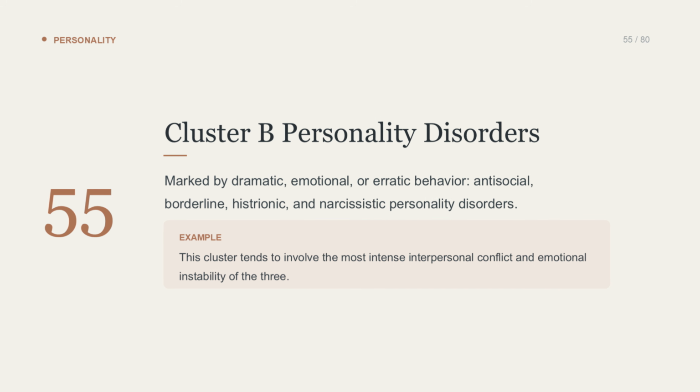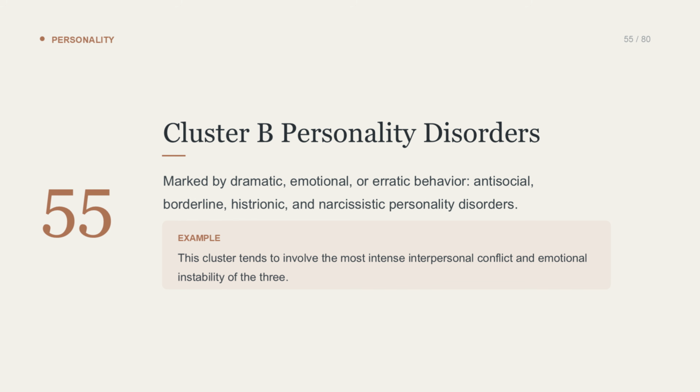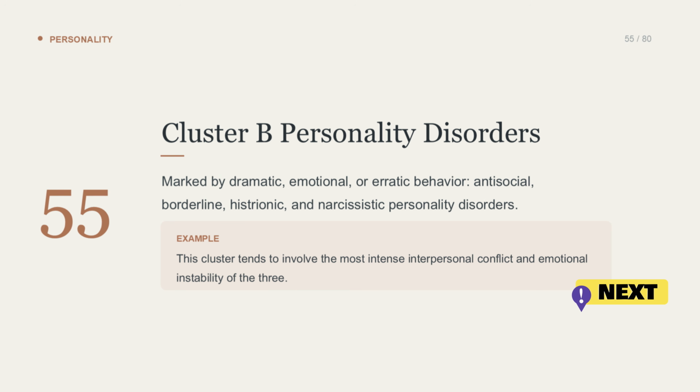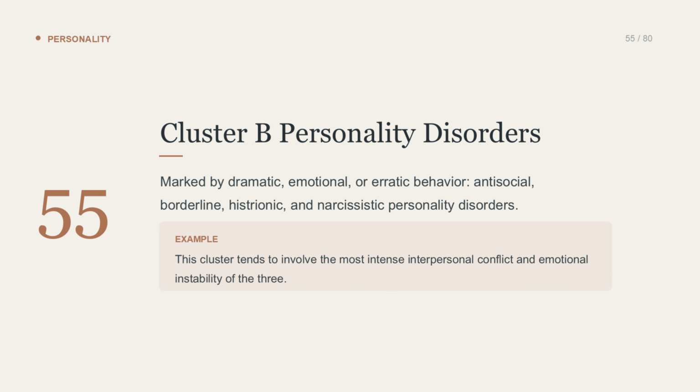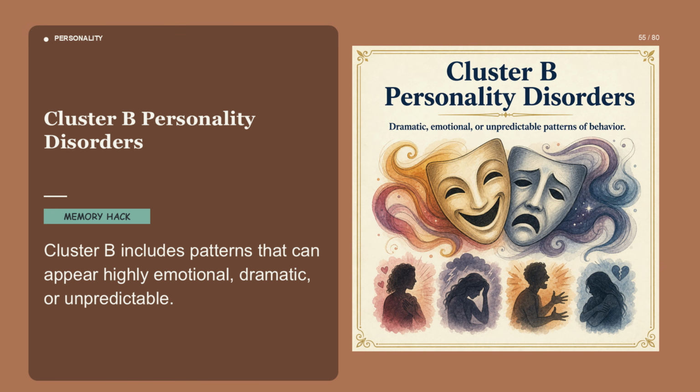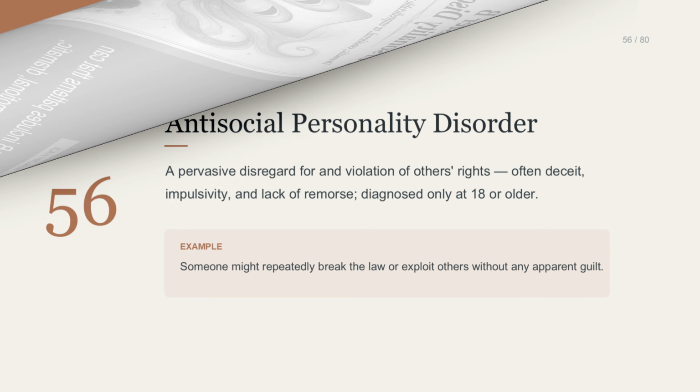Cluster B personality disorders. Cluster B personality disorders are characterized by dramatic, emotional, or erratic behavior and include antisocial, borderline, histrionic, and narcissistic personality disorders. For example, this cluster tends to involve the most intense interpersonal conflict and emotional instability of the three clusters.